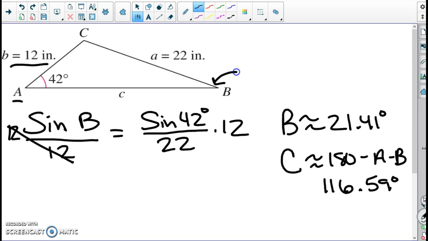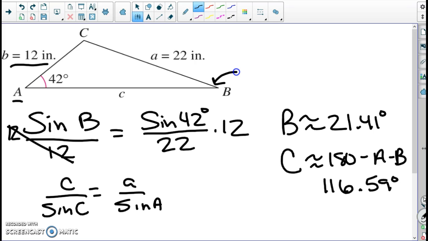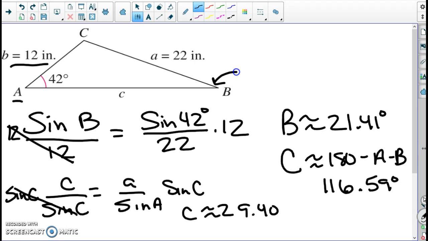Then the remaining side is given by C over the sine of C is equal to A over the sine of A, and then if we multiply both sides by the sine of C, those cancel. Multiplying by the sine of C, we get side C approximately 29.40 inches. Okay, let's look at problem 19, and then come back here for the solution.